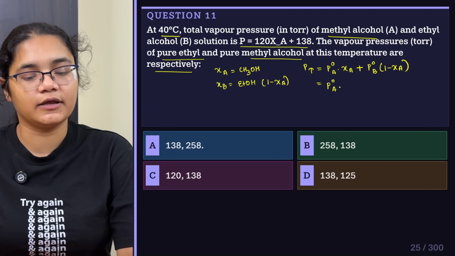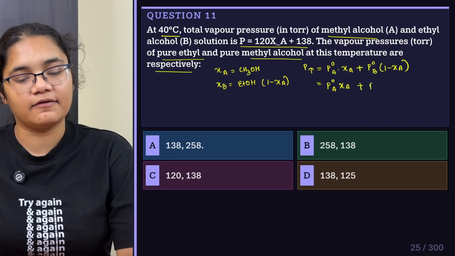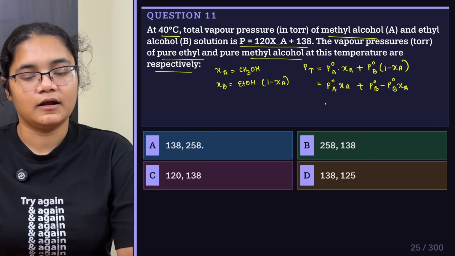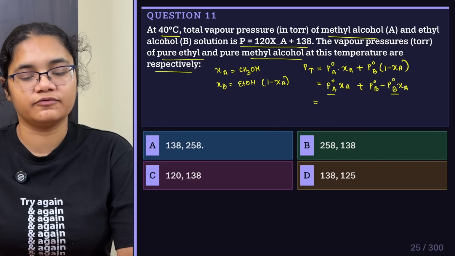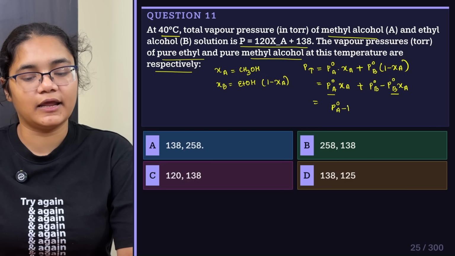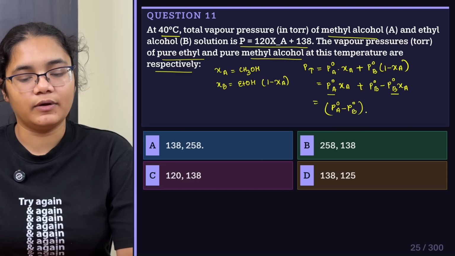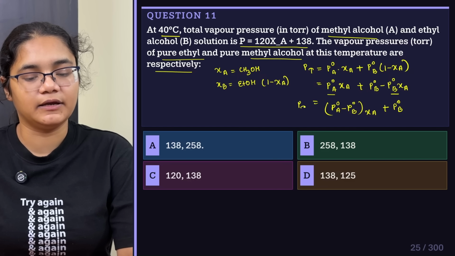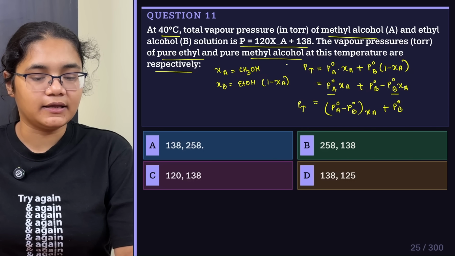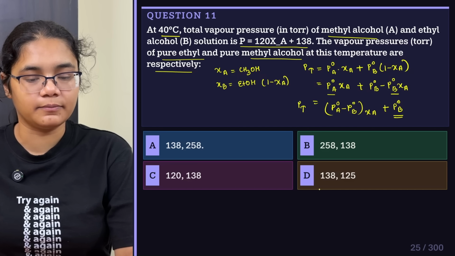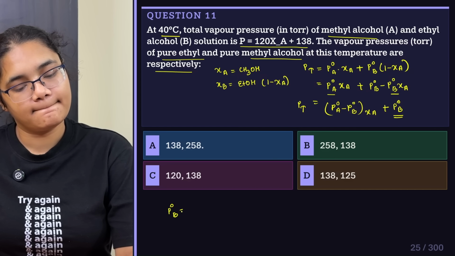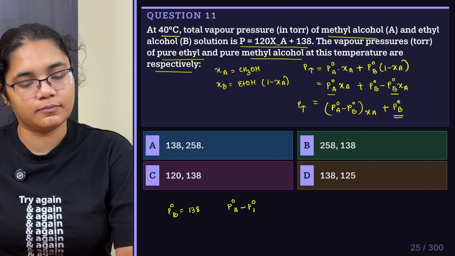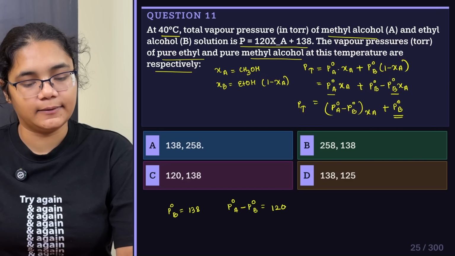Now what is the formula here? P naught A XA, then I will have here P naught B minus P naught B XA. Now if I take XA common from both of these, that will give me (P naught A minus P naught B) into XA plus P naught B, and that gives me P total. Now according to my equation, this P naught B value is 138, and we have P naught A minus P naught B is equal to 120, right?